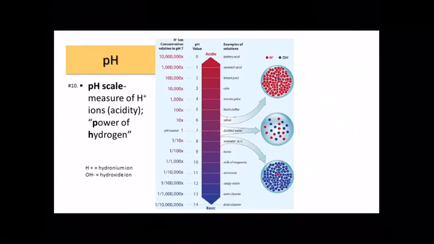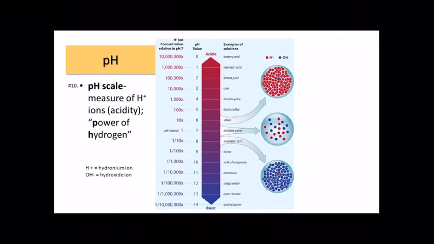What pH actually means is the power of hydrogen. So the H of pH is hydrogen. The P is power, or you could think of it as amount or percentage. It's not actually a percentage, but that's a nice way to think of it. That's what the P and the H stand for in this term pH.